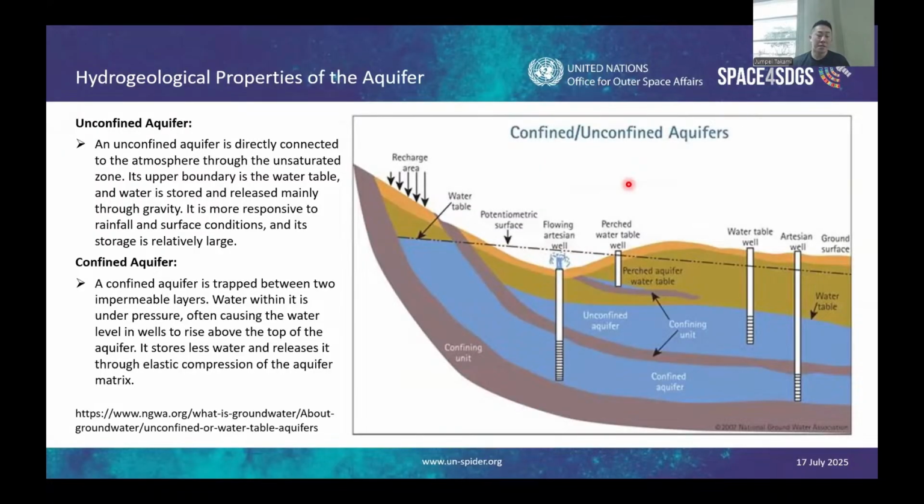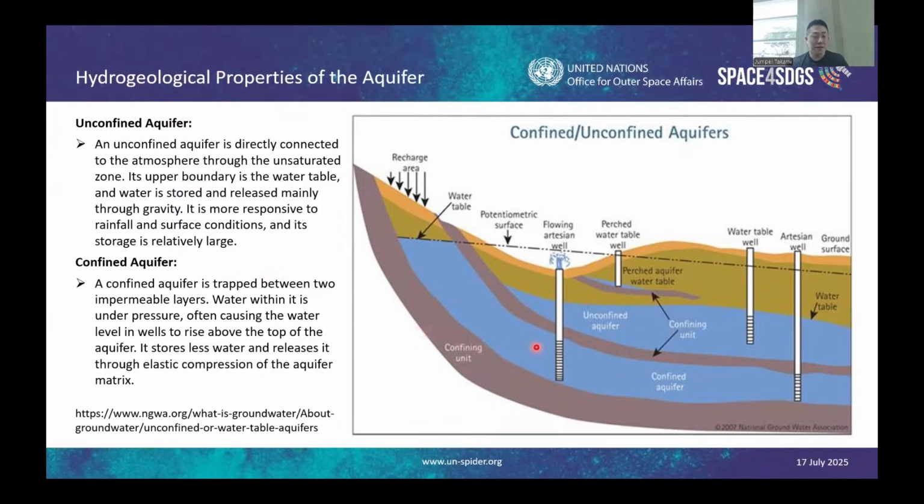Before jumping into the mechanism of groundwater-induced land subsidence, I'm going to tell you the hydrogeological properties of the aquifer. In the aquifer, there are confined and unconfined aquifers. You can see in the figure, the unconfined aquifer is directly connected to the atmosphere through the unsaturated zone. On the other hand, a confined aquifer is trapped between two impermeable layers.